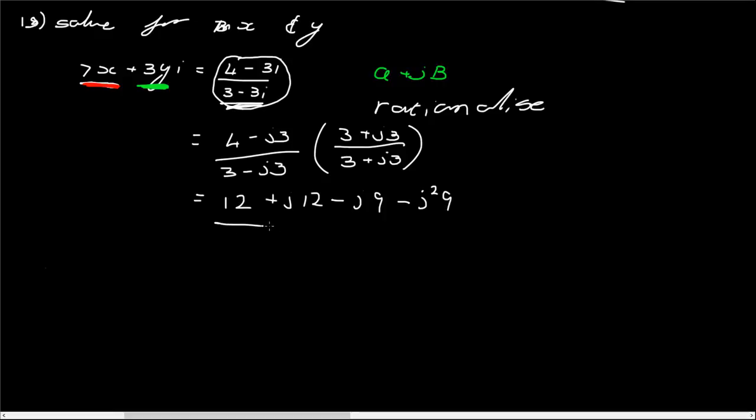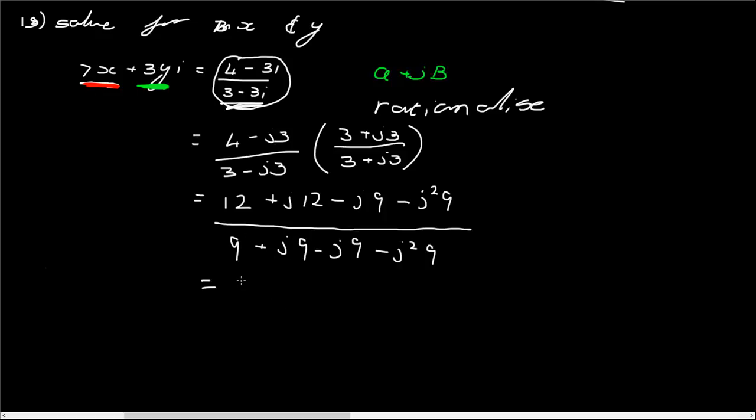Okay? Over. Now we've got to do the same thing at the bottom. So first is 3 times 3, which is 9. Outers is 3 times j3 is plus j9. Inners is minus j9. Lasts is minus j3 times plus j3, which is minus j squared 9. Okay, that is equal to. Now let's simplify the top and the bottom.